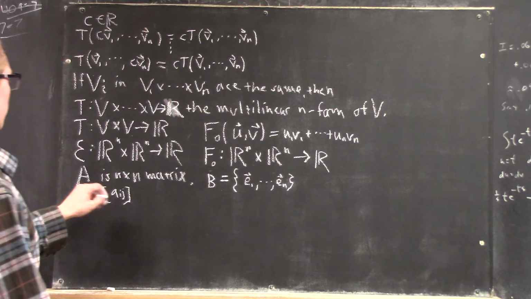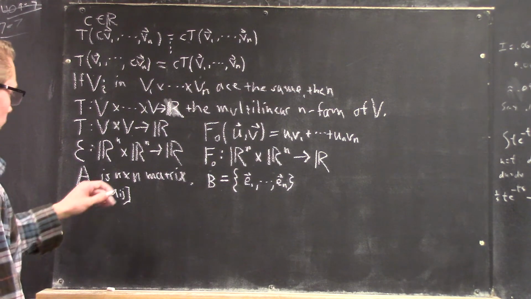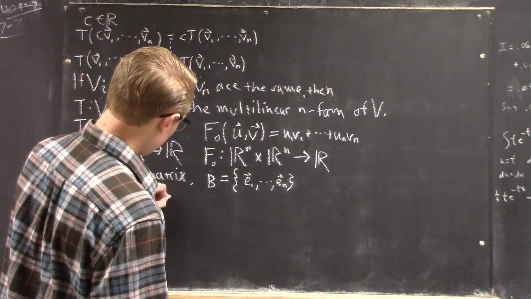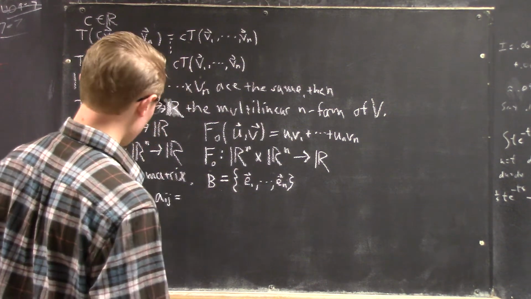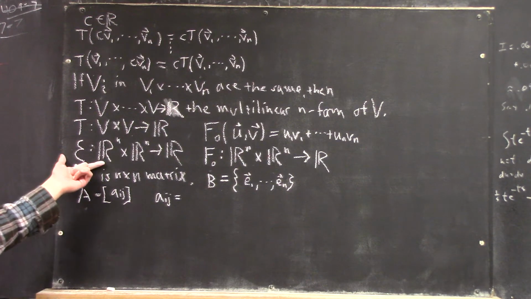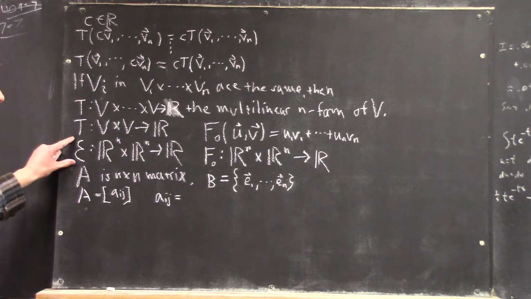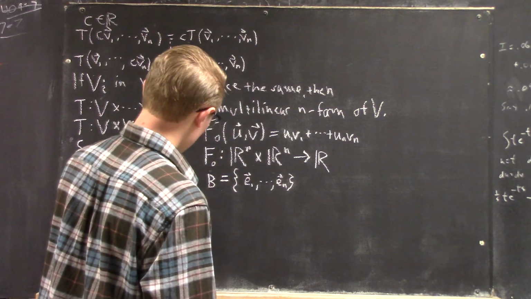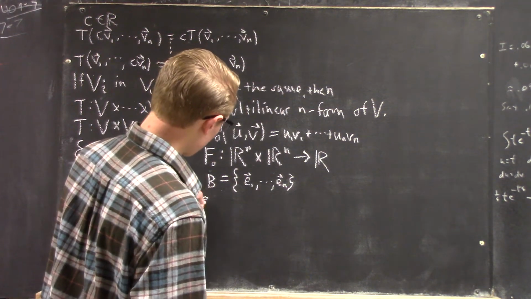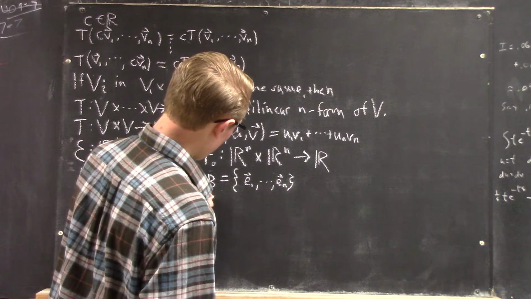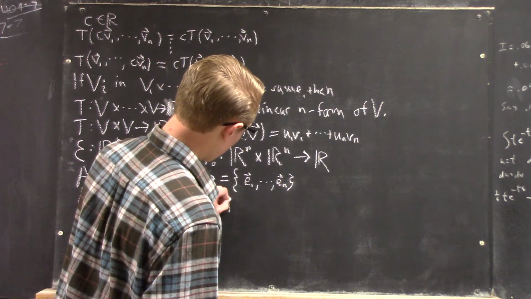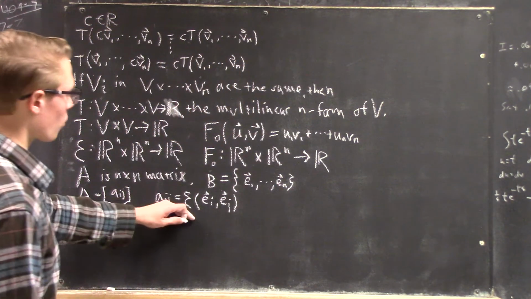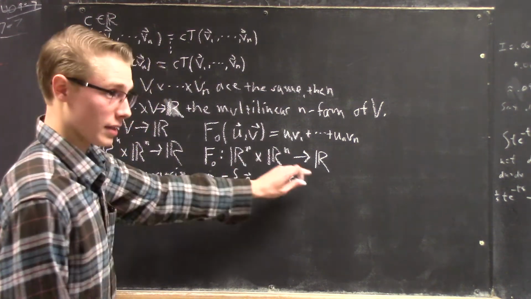And for this particular matrix, the ijth entry of the matrix is equal to, using this bilinear mapping, this function, epsilon of the pair of vectors e_i, e_j, in accordance with the standard basis.